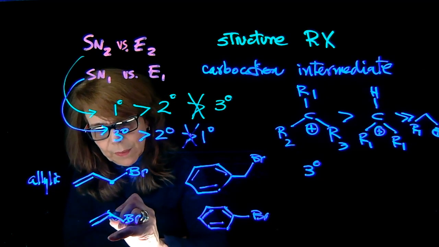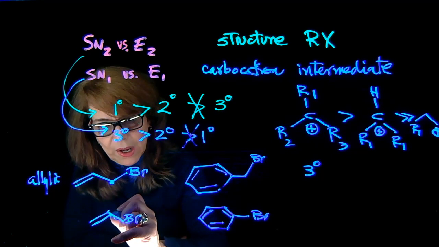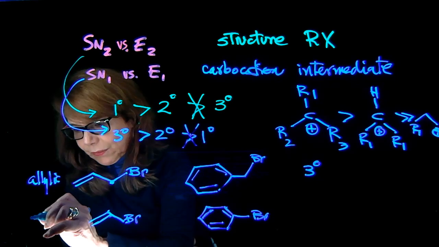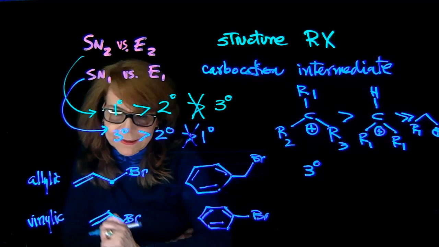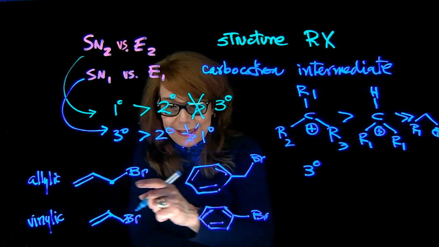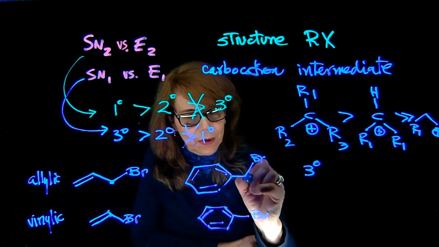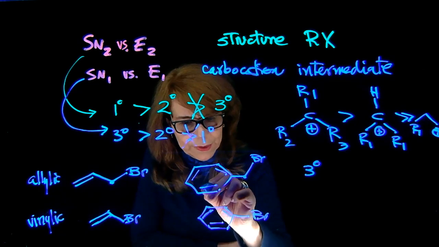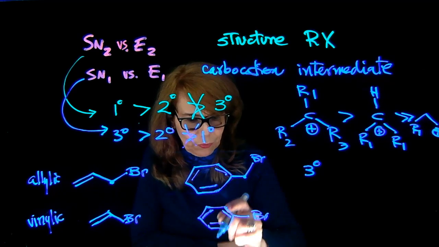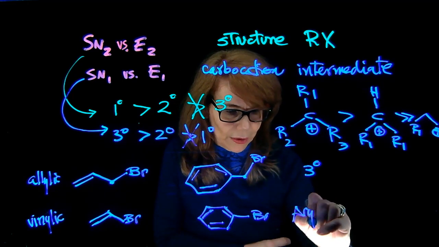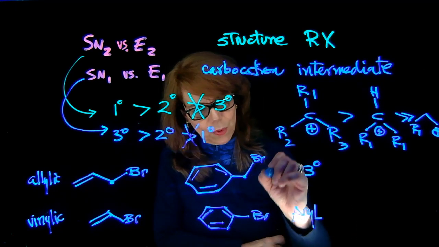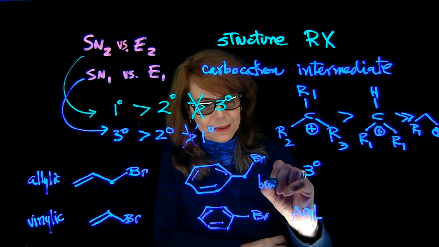Here, the bromine is directly attached to one of the 2 carbons in the double bond, so it is vinylic. Vinylic halide. This one here, notice, is 1 carbon away, not directly attached to the ring. This one is directly attached to the ring, so we call that aryl. In this one, we call benzylic.